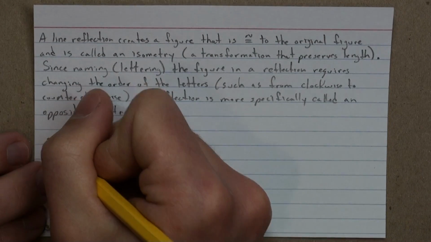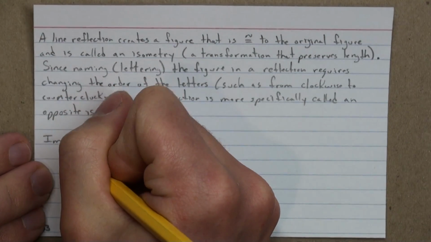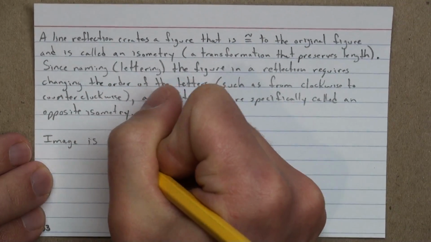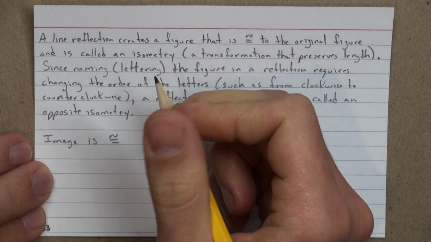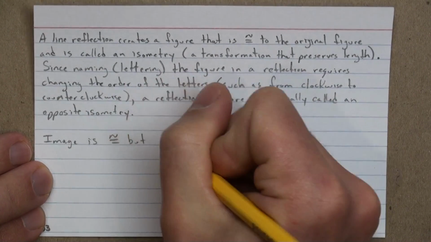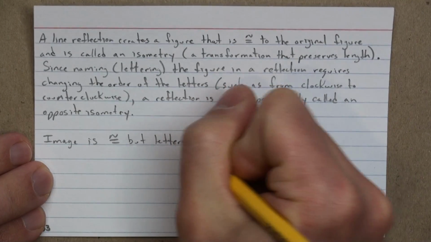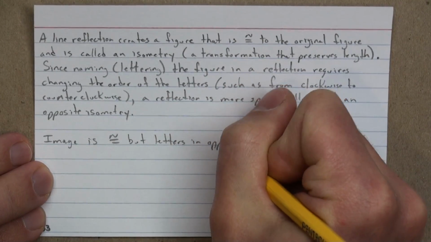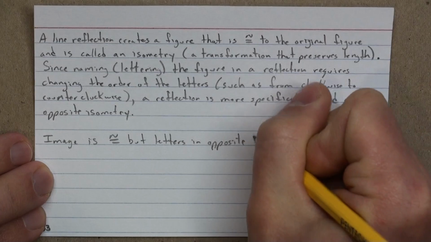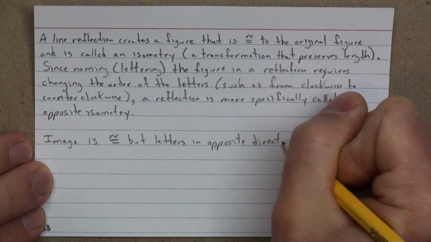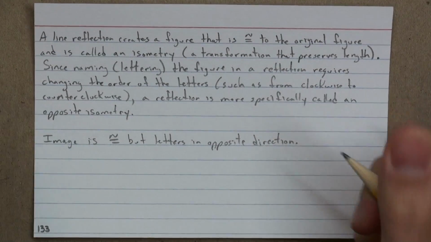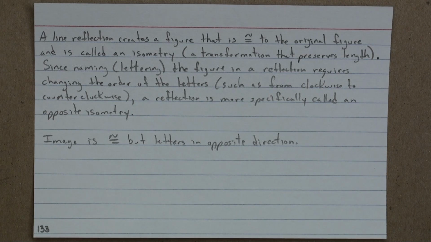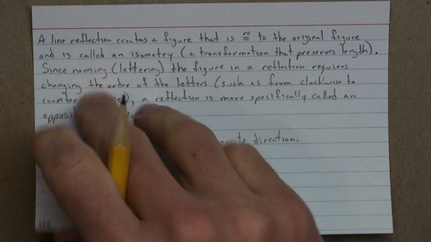So it's important to remember that the image is congruent but the letters are in the opposite direction. Okay.